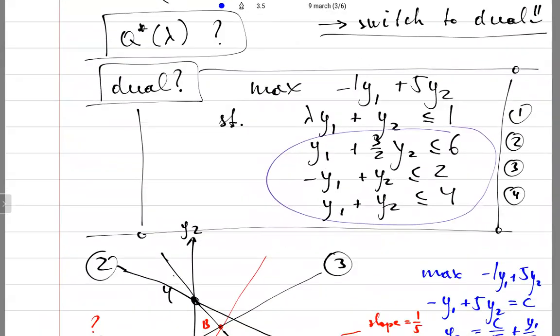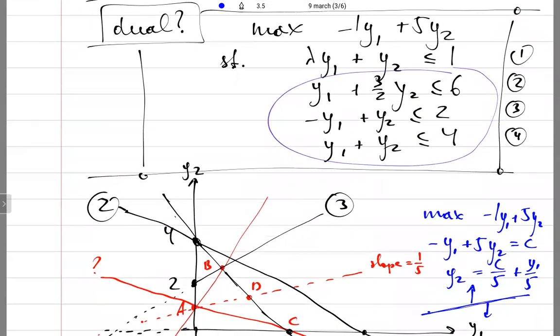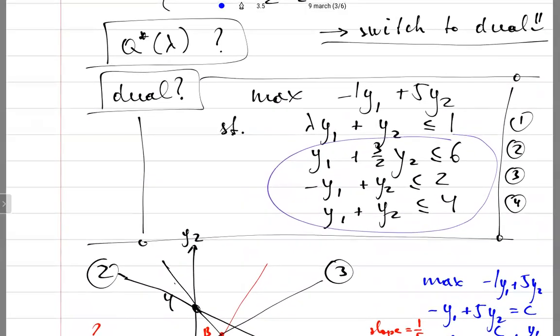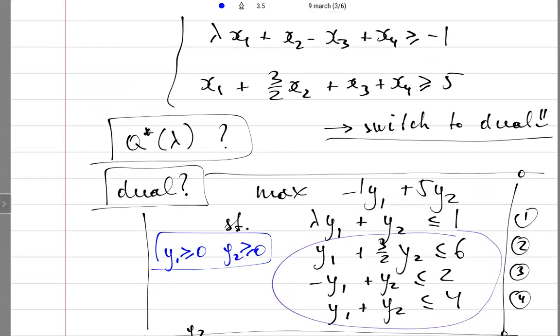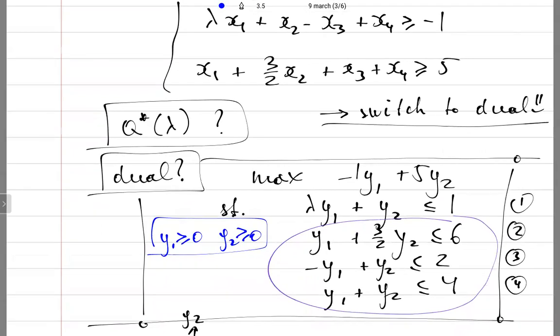Yeah. So we assume that y1 and y2 are bigger than 0. Yeah, I forgot to write it. Y1 is greater than 0. Y2 is greater than 0. Yeah, I have forgotten to write that. But you are right. They should be greater than 0.